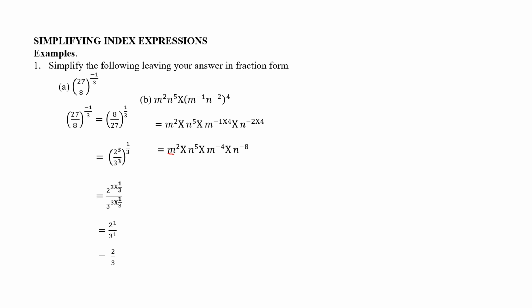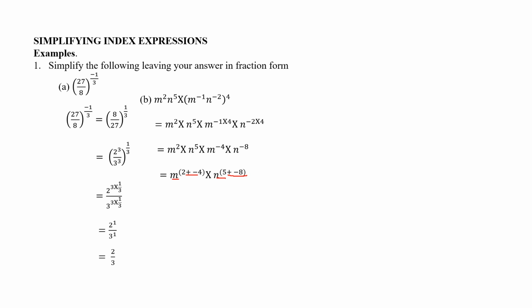So the next step, we write 1m, then we add that power 2 to power negative 4, and also we write 1n, then we add the power 5 to power negative 8. So now we have the base m raised to the addition of those powers and the base n raised to the powers there.